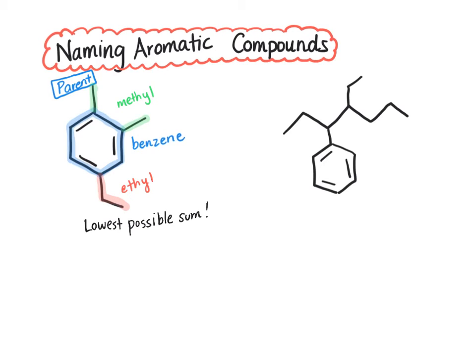And so to achieve that, we're going to have carbon 1 be this methyl, and then rotate clockwise around the molecule. And that will give us the name 4-ethyl. So we still list alphabetically: 4-ethyl-1,2-dimethylbenzene.